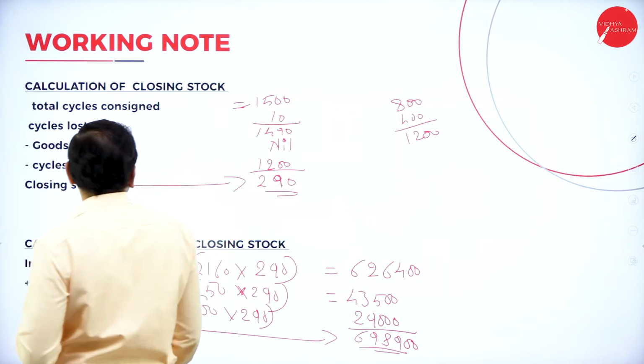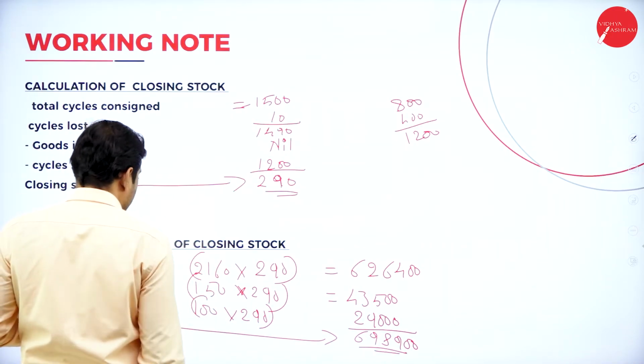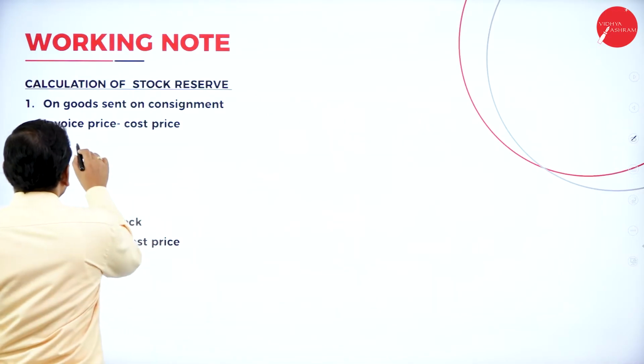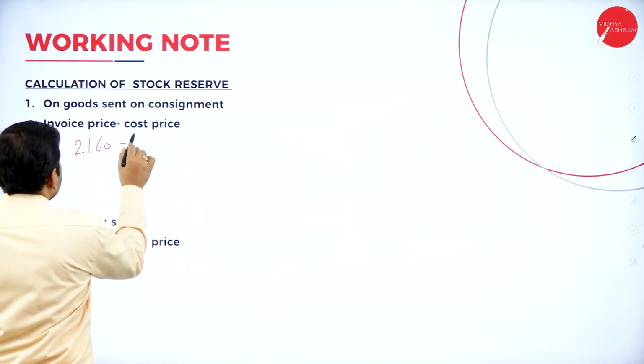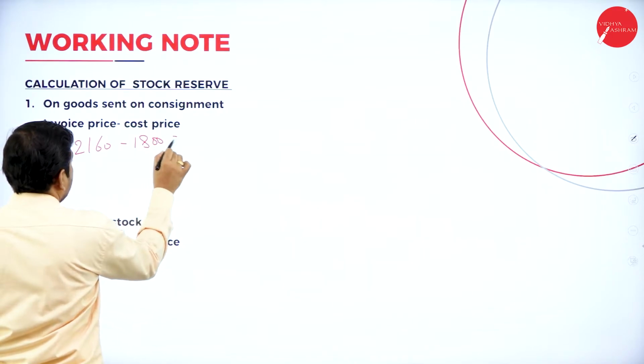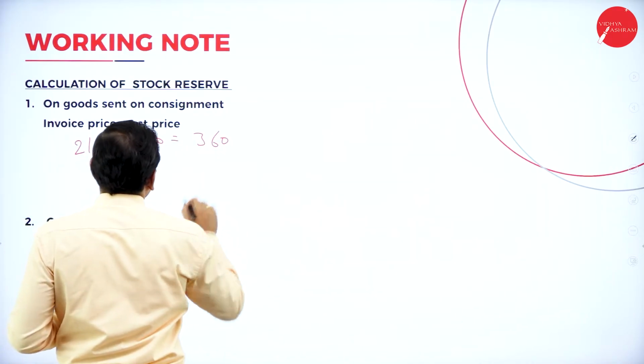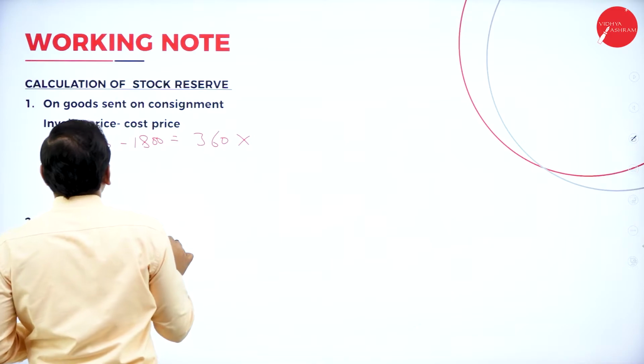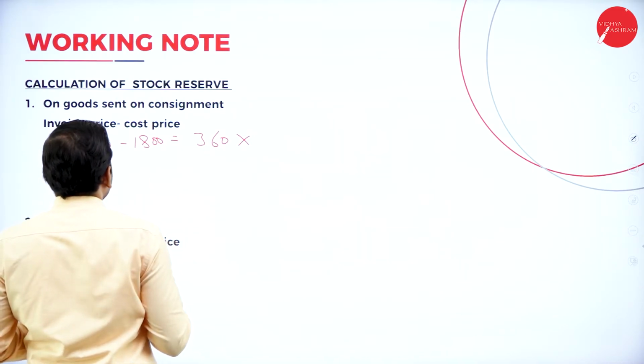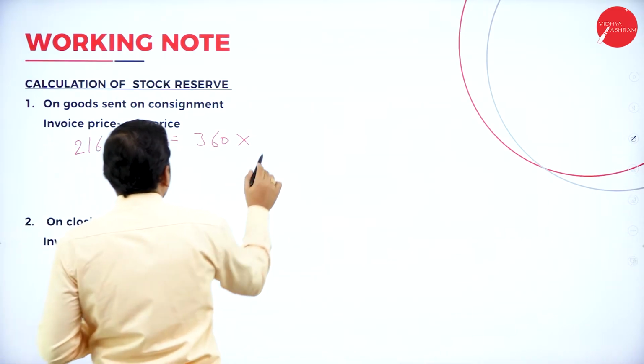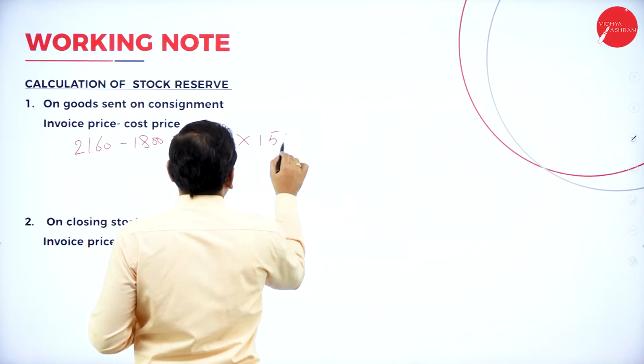So what is the invoice price? Invoice price is 2,160. 2,160 minus cost price 1,800, 360 rupees is the profit, into how many cycles consigned? 1,500 cycles consigned.